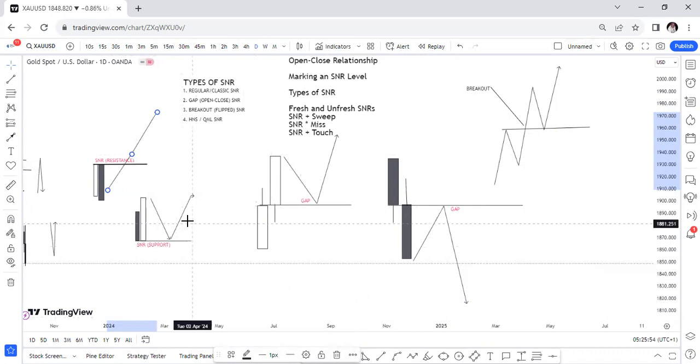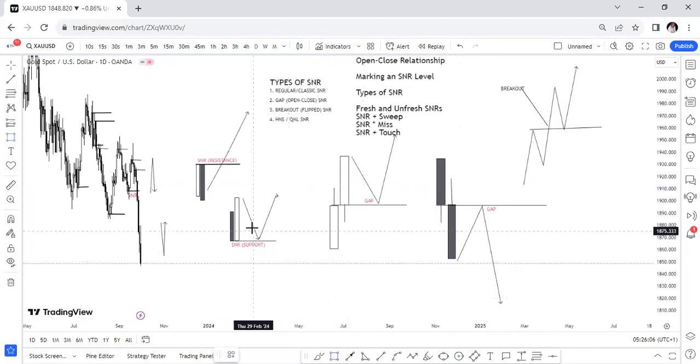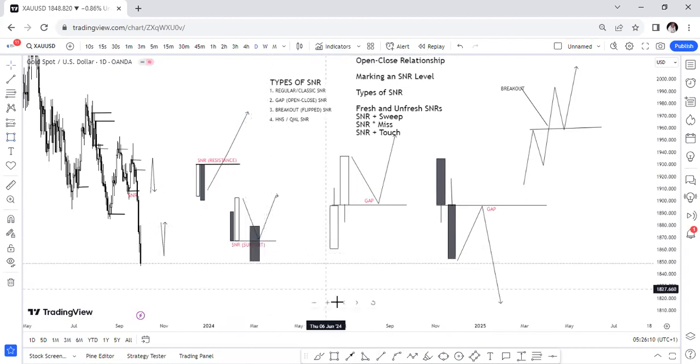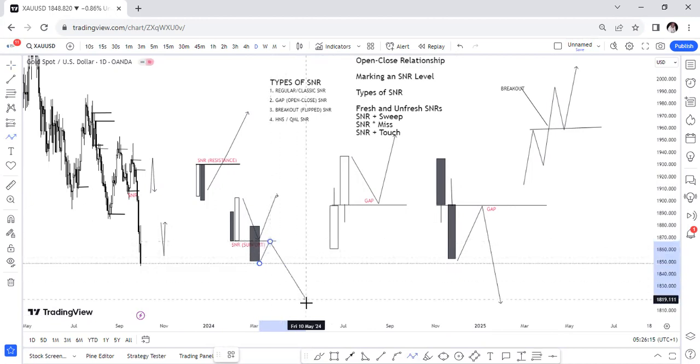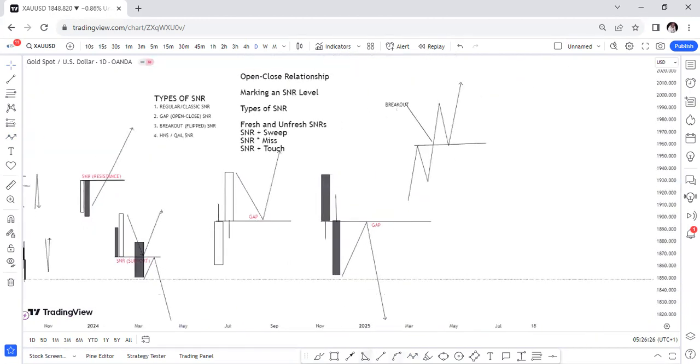If it happens to be this, price breaks through it and closes lower. So that's a breakout. So we are waiting for price to retest that breakout. Which means this support here that was broken through now becomes a new resistance. We term it as SBR.